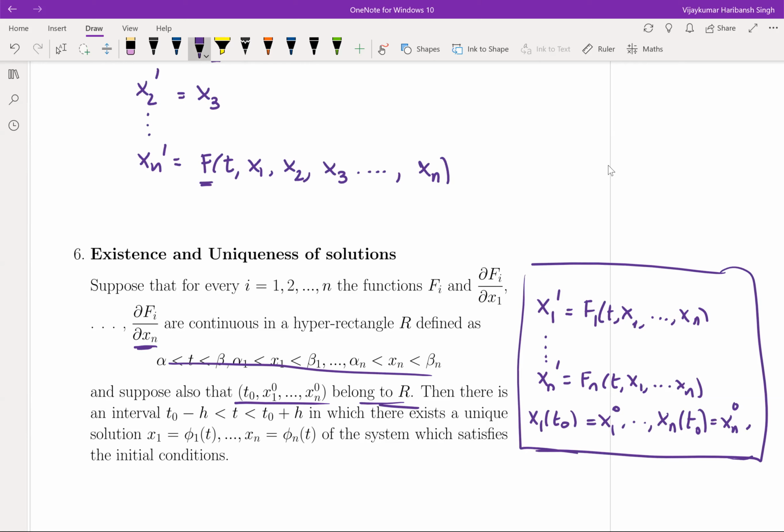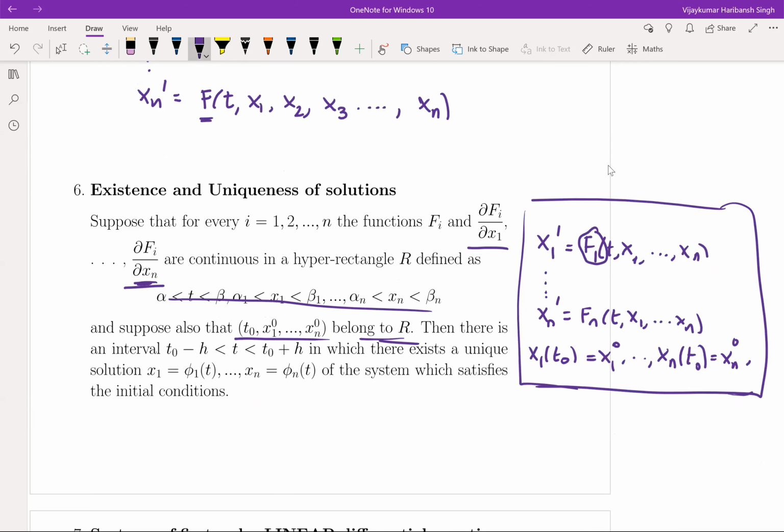So the existence and uniqueness theorem tells you the following. For each i, you consider f1. Now take f1 and suppose the derivative of f1 with respect to x1, and the derivative of f1 with respect to x2, all these are continuous in a hyperrectangle defined around it.